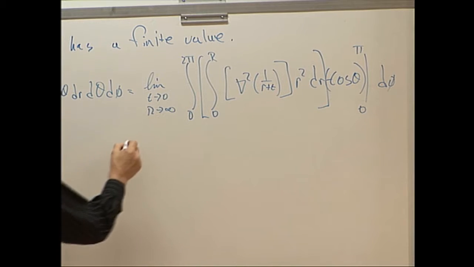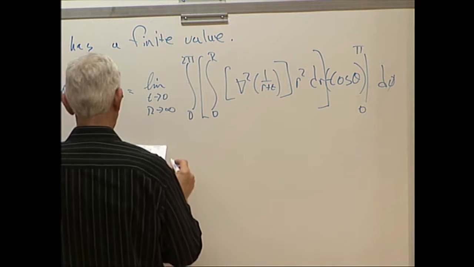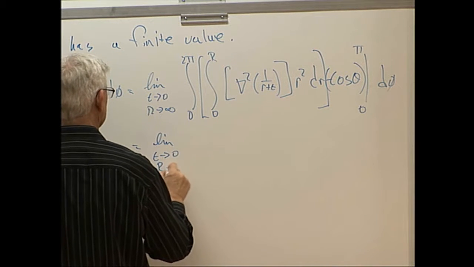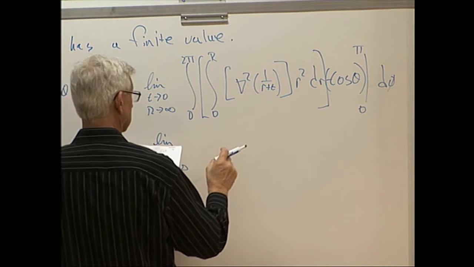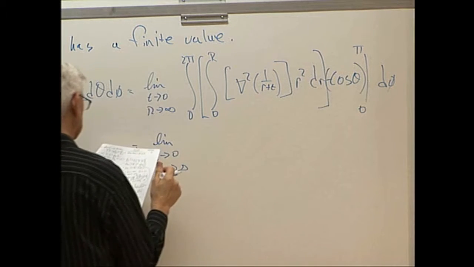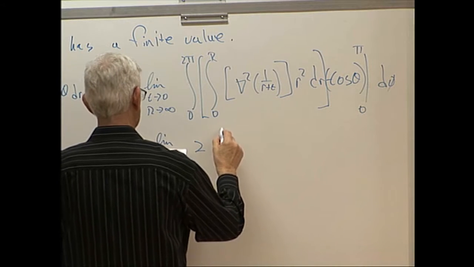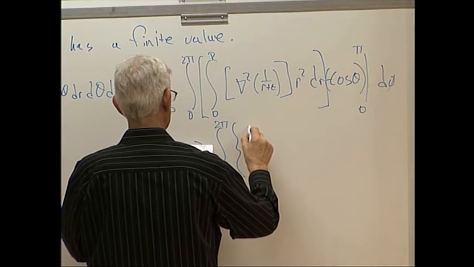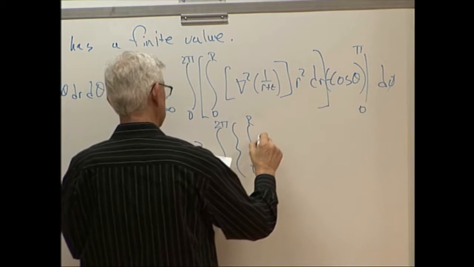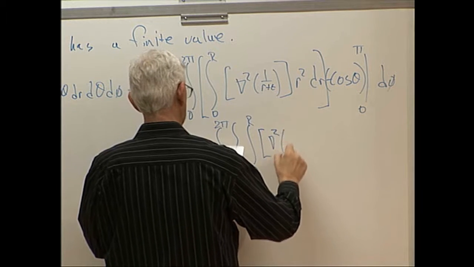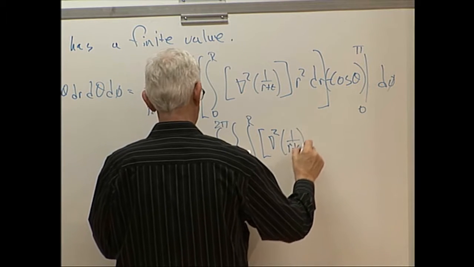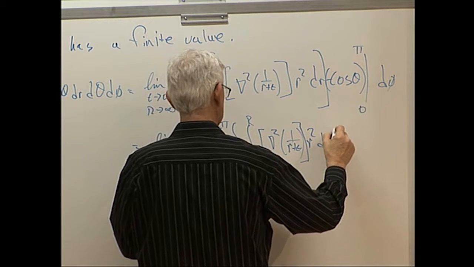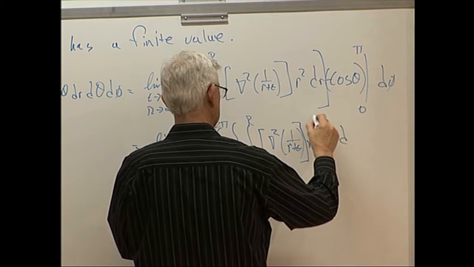So this is the limit as epsilon approaches 0, r approaches infinity, and now the evaluation of the theta part is 2, integral from 0 to 2 pi, and then the integral from 0 to r of del squared 1 over r plus epsilon, r squared dr d phi.